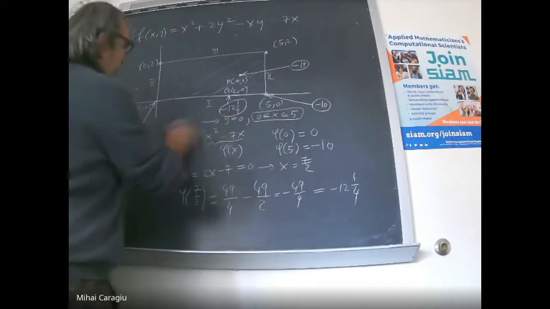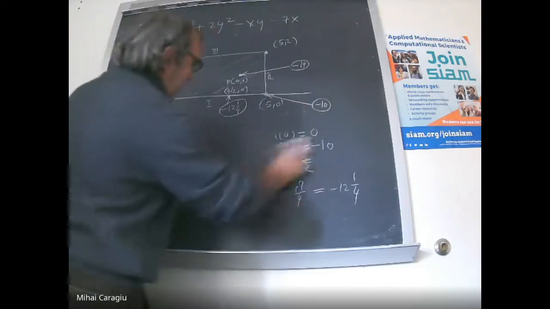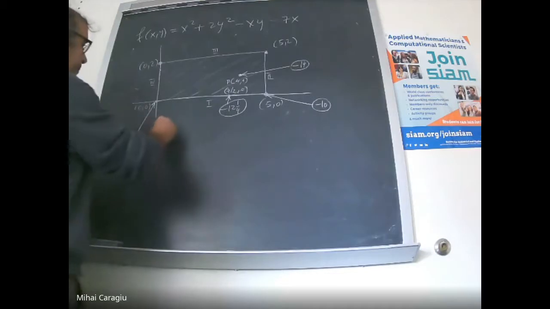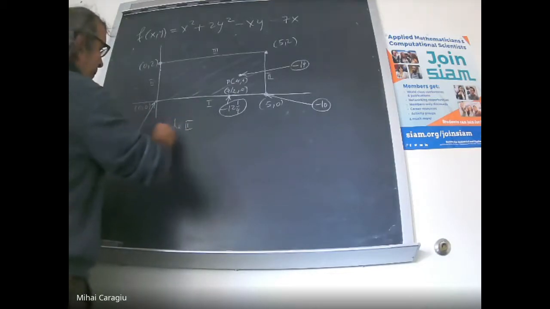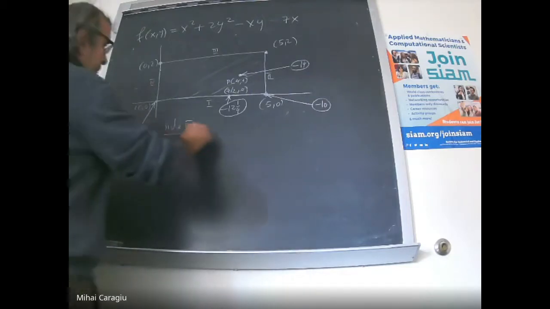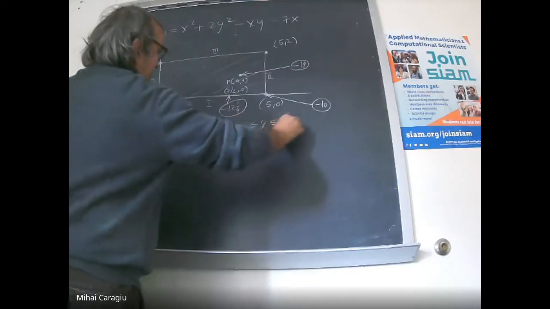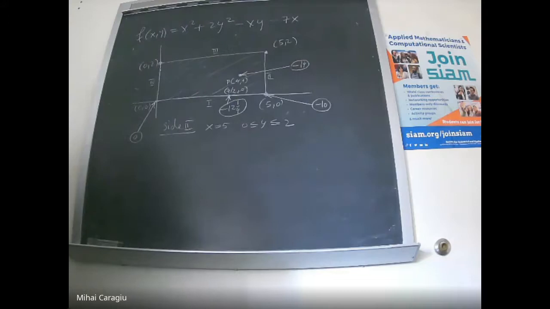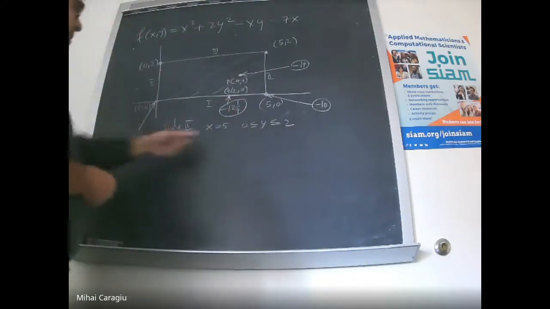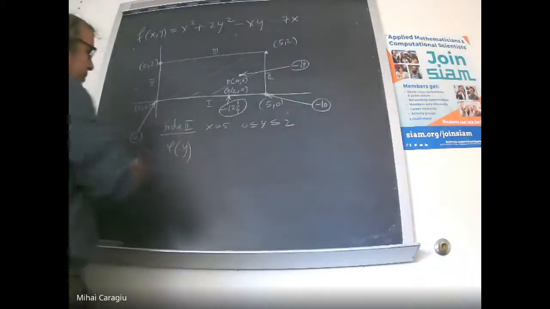So let's move on to side 2. What happens along side 2? It happens that x equals 5 and y is between 0 and 2. So what do we get along side 2? We get a function of y if we set x equals 5. Let's call it phi of y, a function of one variable.